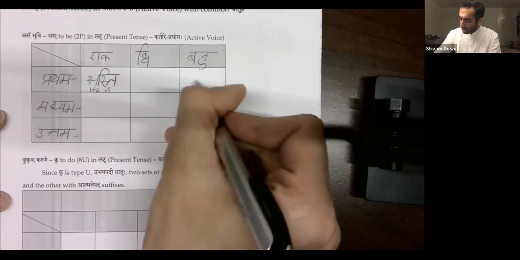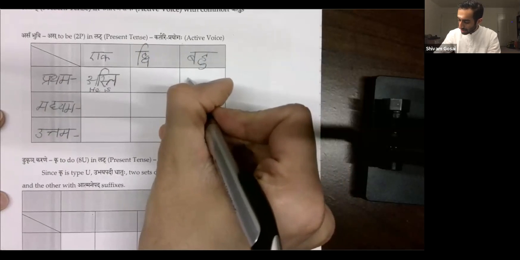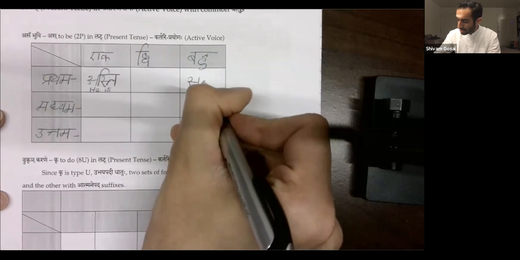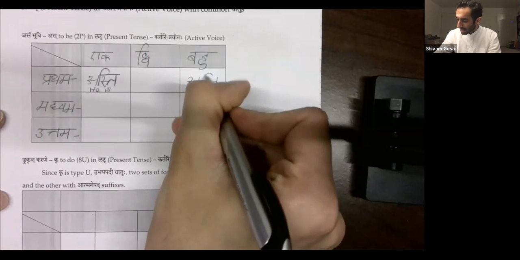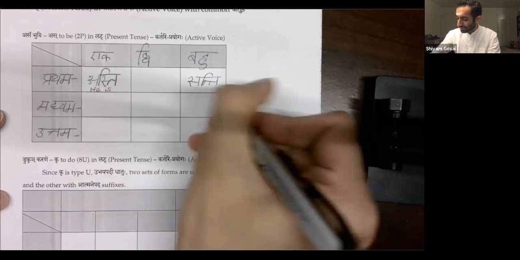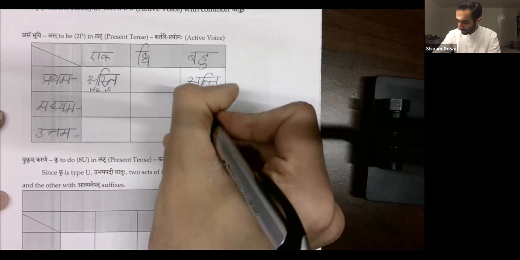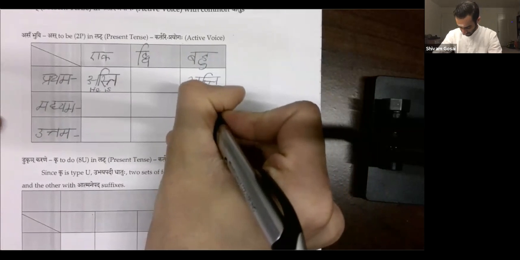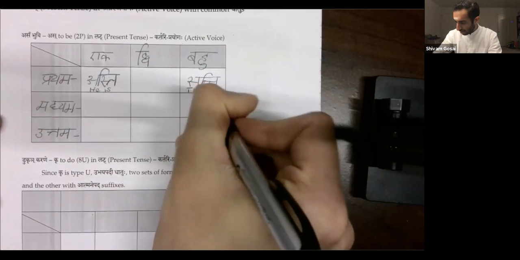Okay, let's do the corners first. Prathama Purusha Bahuvachanam: santi. They all are.